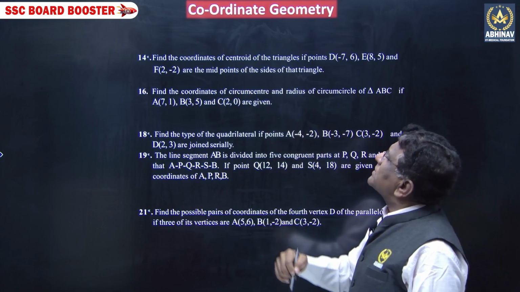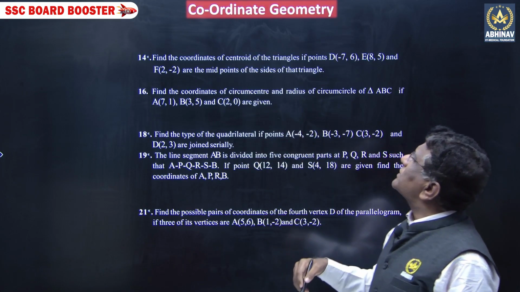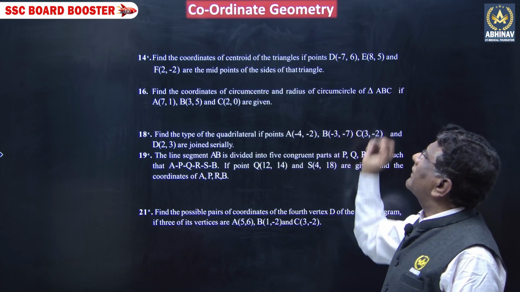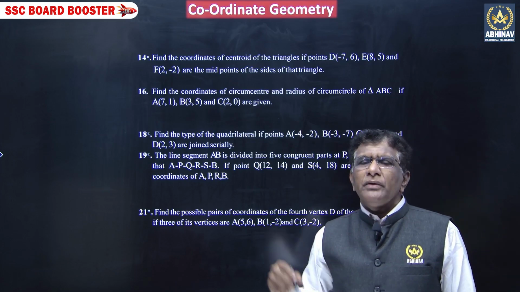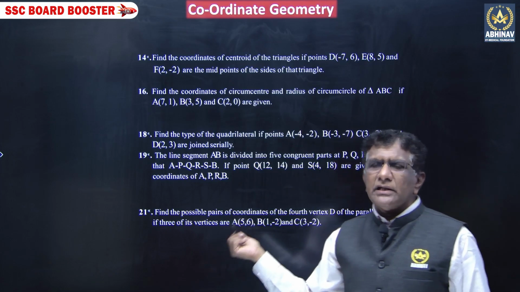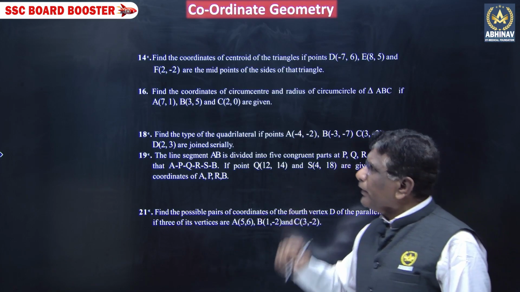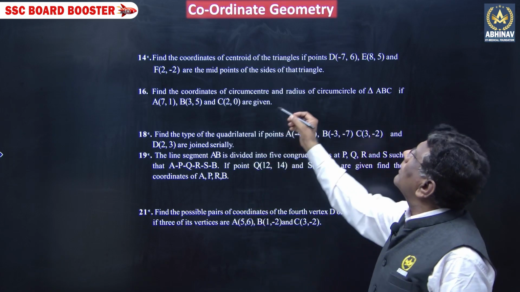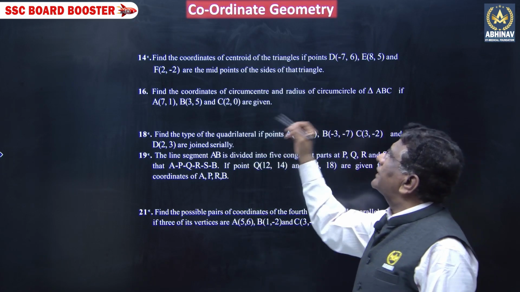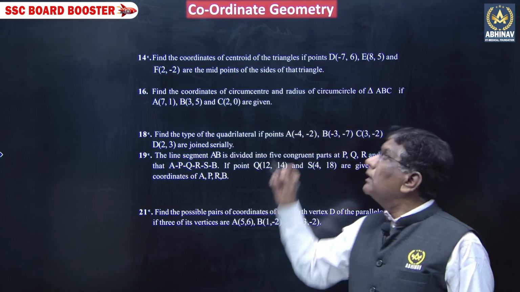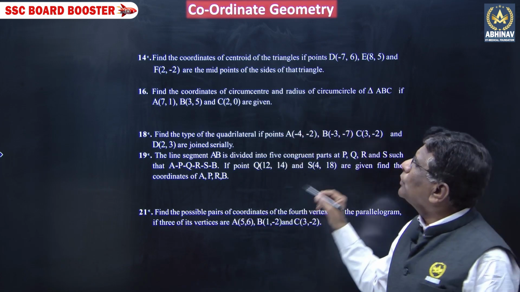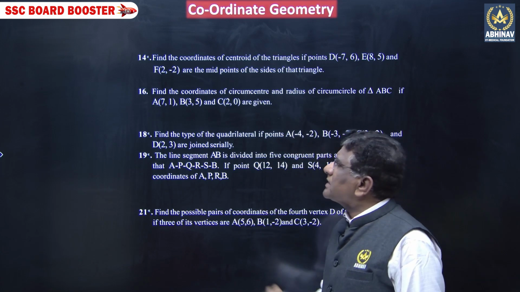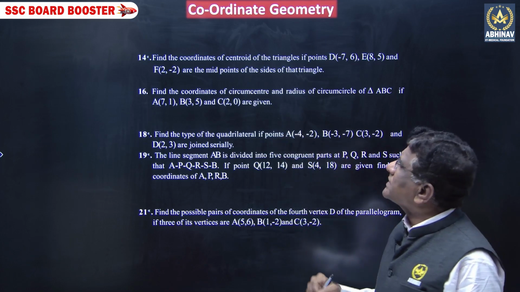Then coming to the 16th example, find the coordinates of the circumcenter and radius of the circumcircle also. Previously we have seen in this particular video that in this example we have to find the circumcenter as well as the circumradius. So go through this example and try to practice it.